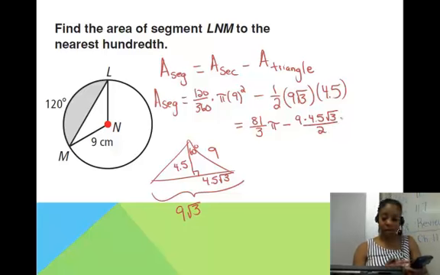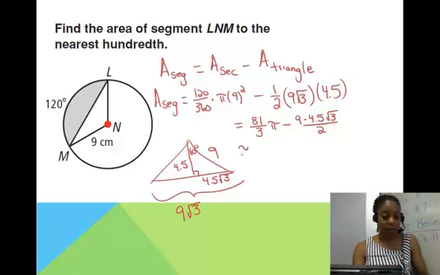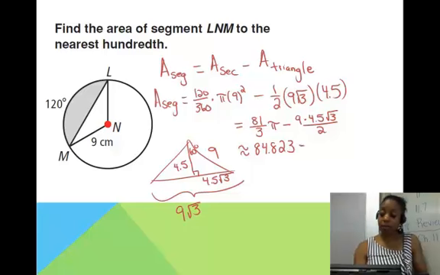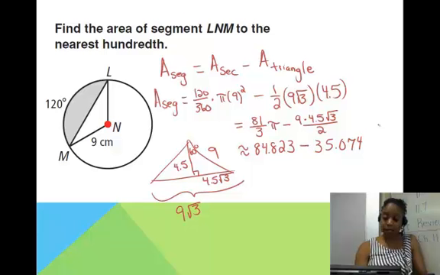So 81 pi divided by 3 is approximately 84.823, and then 9 times 4.5 times the square root of 3, and then divided by 2 is 35.074.